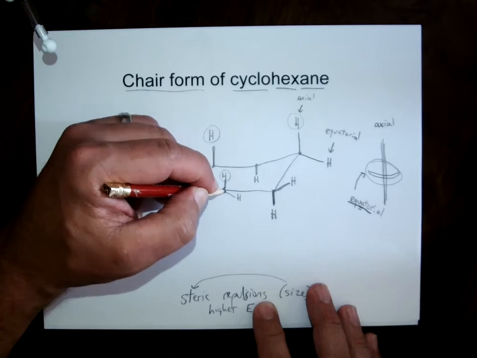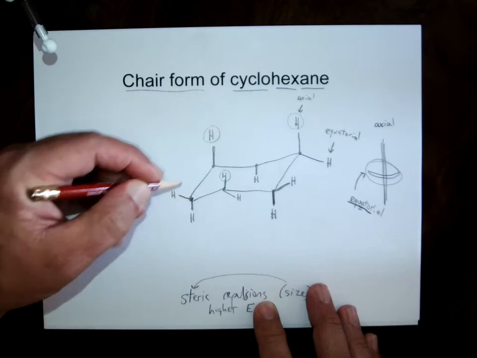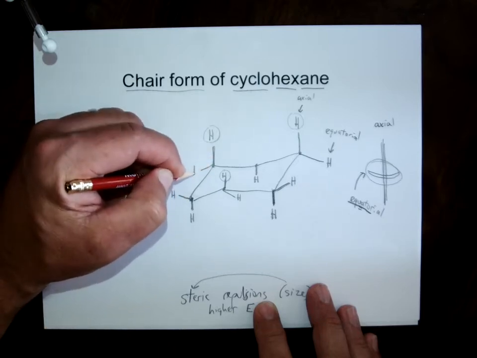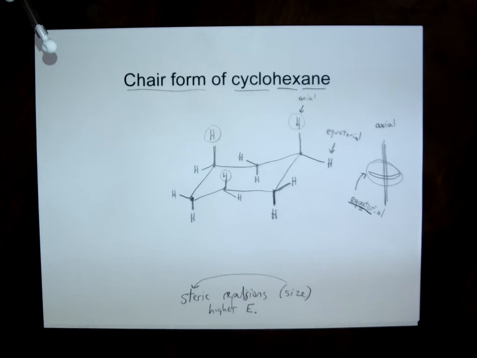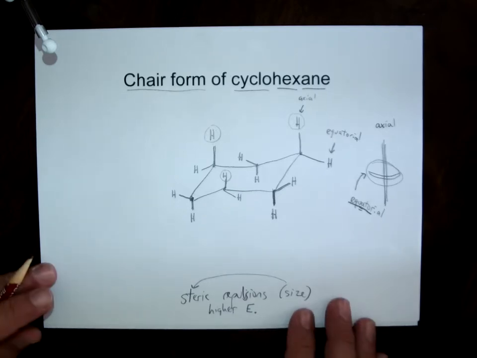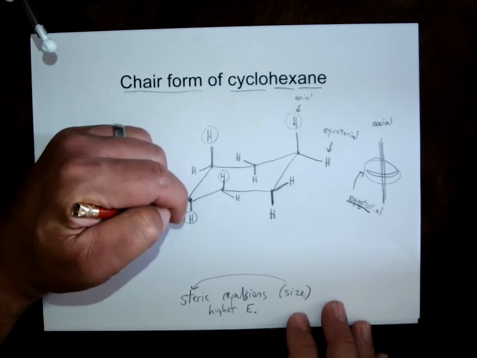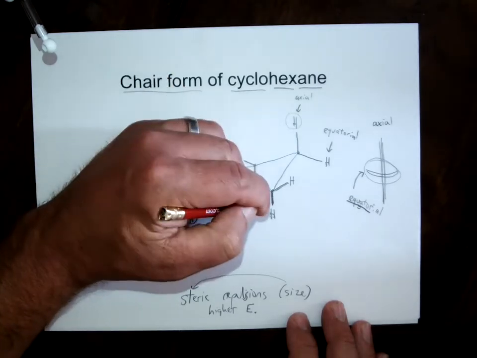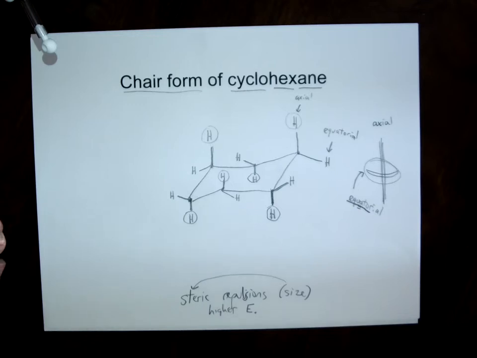If the axial is up, the equatorial goes down. If the axial goes down, the equatorial goes up. And this would be a good representation then of the 6 carbons, which I did not draw in, sort of skeletal in that respect, but then I drew in explicitly the 12 hydrogens, 6 axial, pointed either straight up or straight down, and then 6 equatorial, which are pointed mostly out to the side, but a little up or down, depending on which carbon they're on.